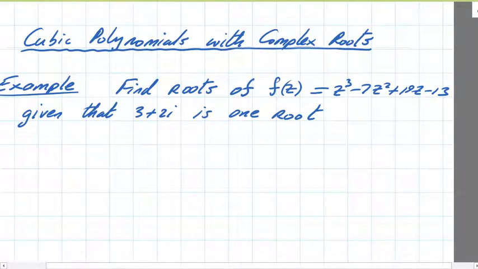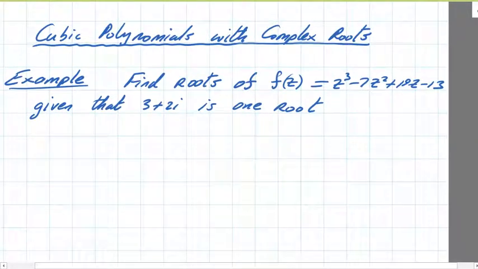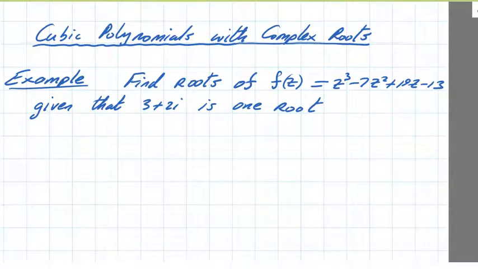Now, to tackle this question, we have to spot a few things here as well. And the first thing to spot is that it's a cubic. I mean, we saw earlier that a quadratic has 2 roots or 2 factors. So if this is cubic, it's going to have 3 roots, 3 factors. So there are 3 factors here.